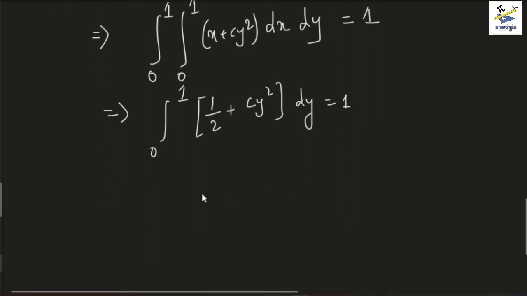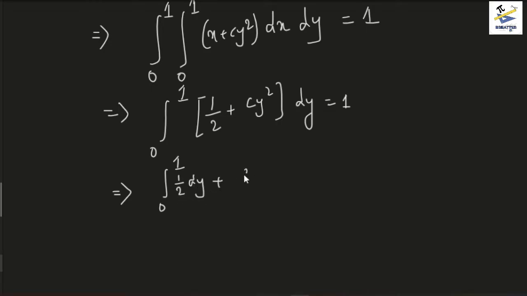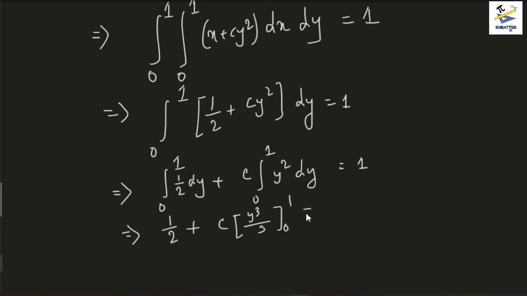And then again we have 0 to 1 half dy plus c times 0 to 1 y square dy equals 1. Now this gives us 1 by 2 plus c, and this is y cube by 3 from 0 to 1, right, because the integration for y square is basically y cube by 3.